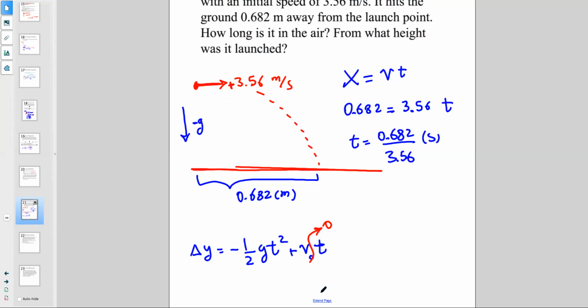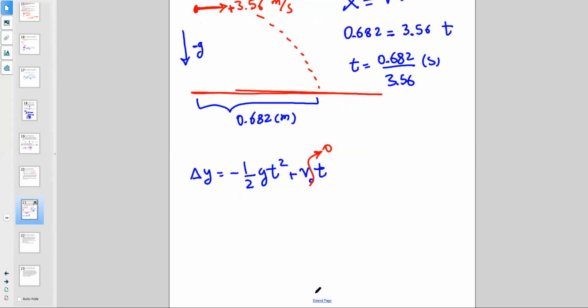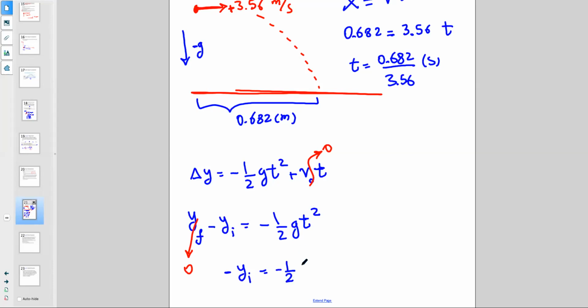Delta y is what we are actually looking for, because it is y final minus y initial equals negative half g t squared, right? So initially it was at some point that we were looking for, but finally it gets to the ground and it ended up being at 0. So what I have is negative y initial equals negative half g, which is 9.81, times t squared.